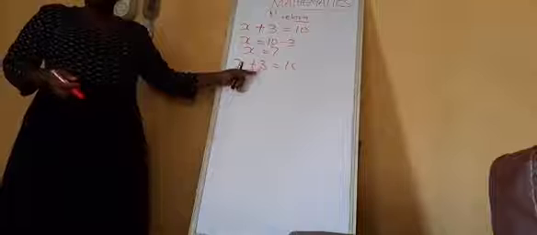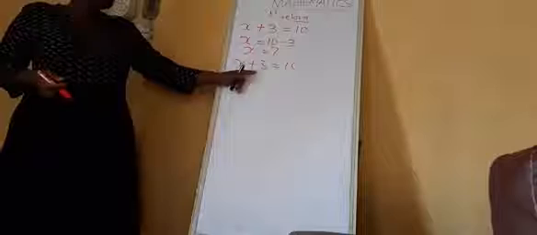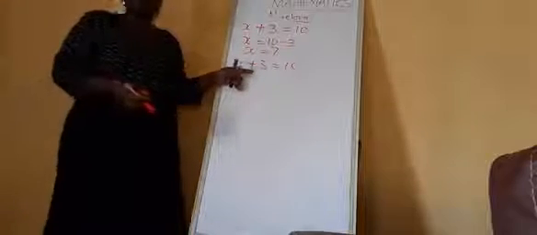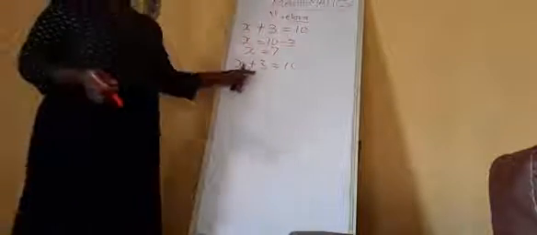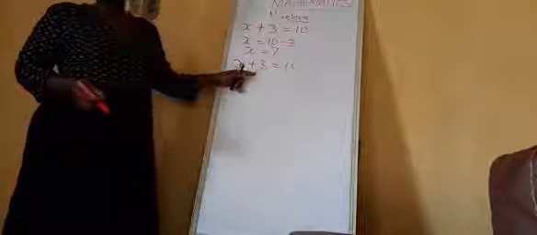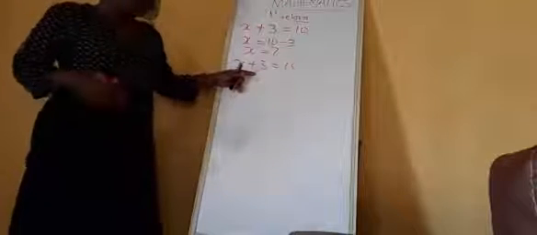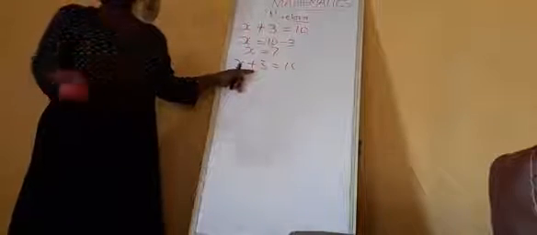And to get rid of this plus 3, you need to look for the opposite. What is the opposite of plus 3? You know, another name for plus is what? Add. So what is the opposite of add? If it is not plus, it will be what? Minus. So if I don't want to say minus, I can say subtract.